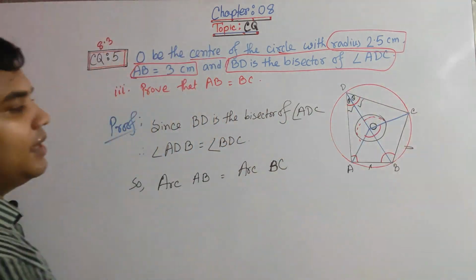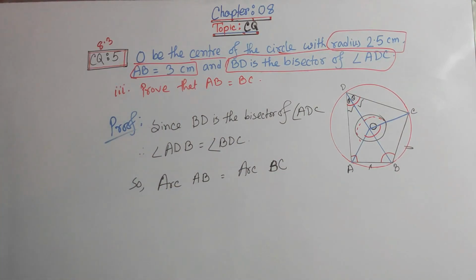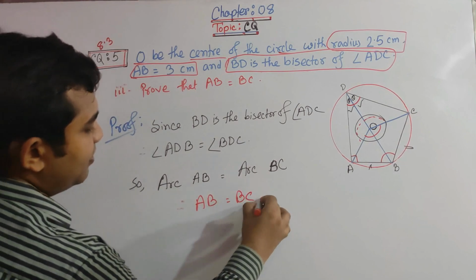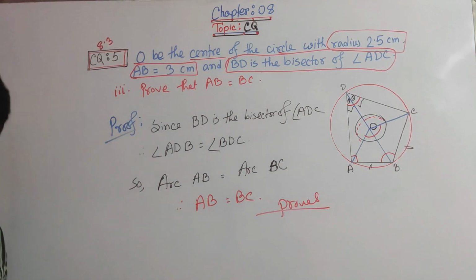We have proved this type of statement earlier. So if these two arcs are equal, then these two sides are also equal. So AB is equal to BC, hence proved. Clear?